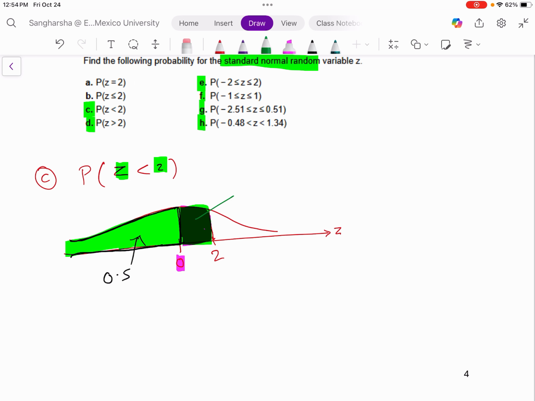So the probability that G is less than 2 is 0.5 plus 0.4772, which equals 0.9772. So this is the probability that our G takes a value less than 2.